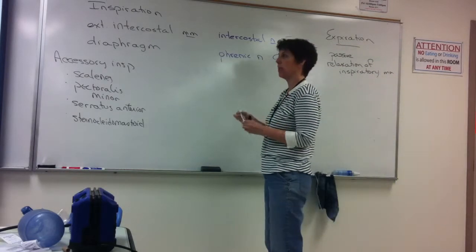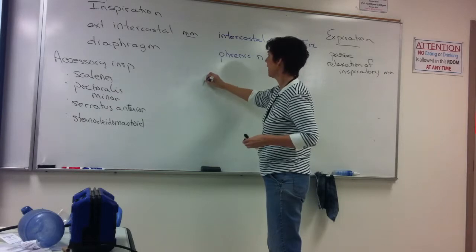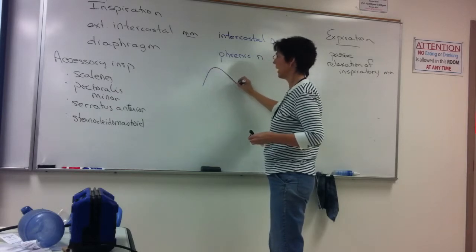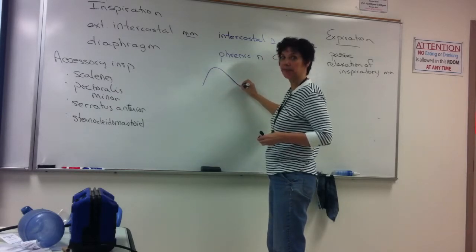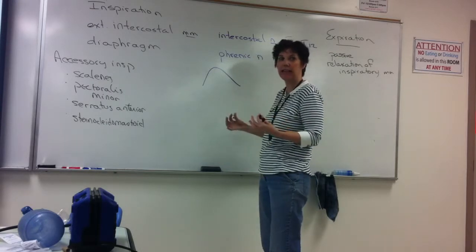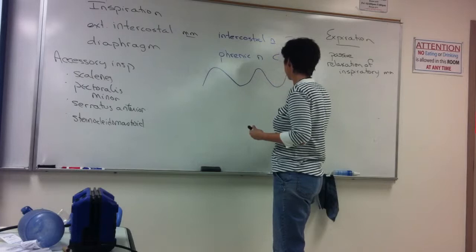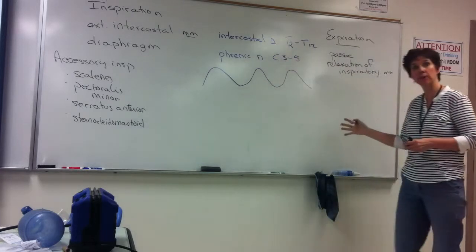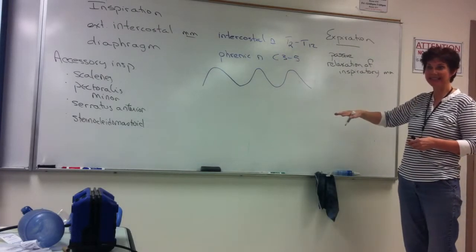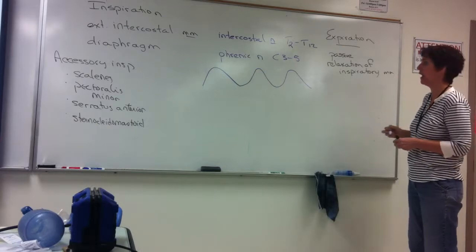So inspiration usually takes about 2 seconds and then about 3 seconds for expiration, because it's just the passive relaxation. And then 2 seconds and 3 seconds, 2 seconds and 3 seconds. Same volume out as in, but it takes a little bit longer for that to move out.